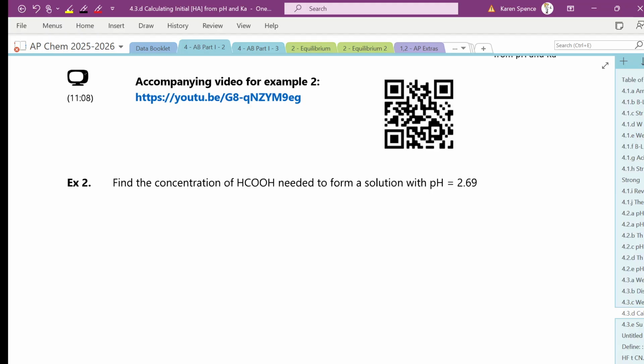Wait, which H do you take away? Is it HCOO or COO? The back one is the one.